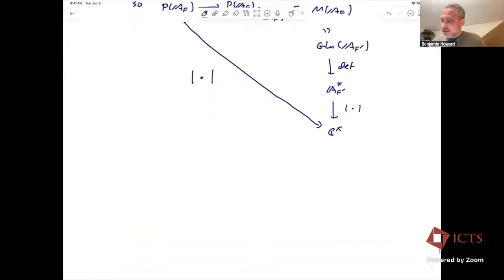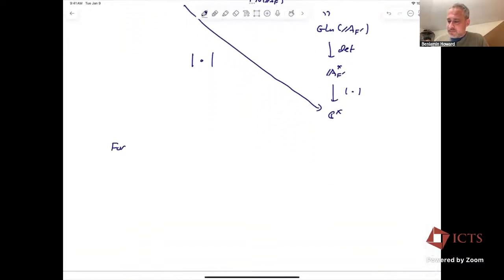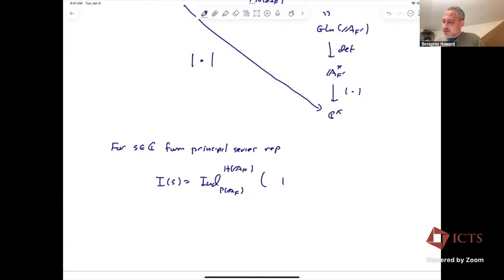Okay. And then you just do the usual thing. For any complex parameter s, you can form the principal series representation I(s). So I induce from the Siegel parabolic up to the whole group this character to the s plus n over 2, where the shift is chosen so that the Eisenstein series that I get has a functional equation in s goes to minus s, as opposed to shifted to somewhere else.